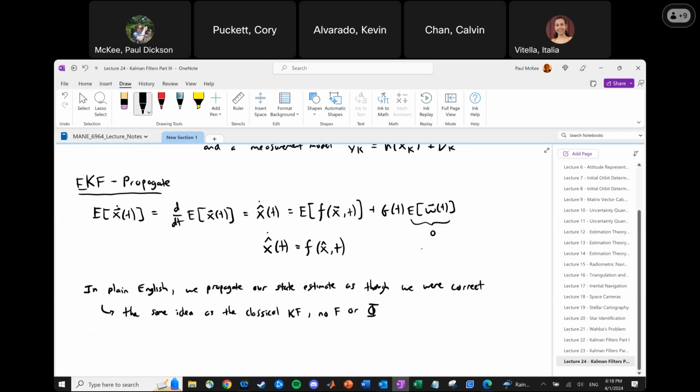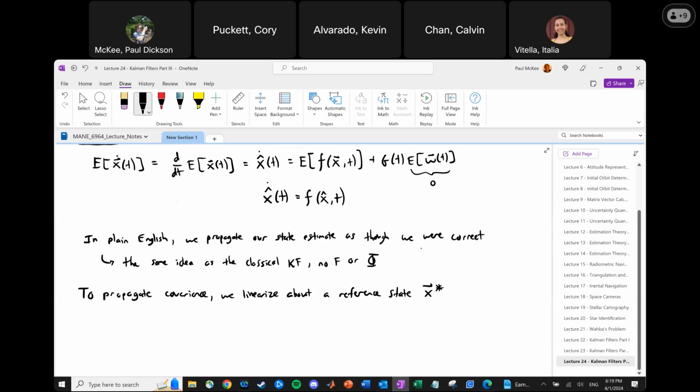All right. To propagate covariance, we linearize about a reference state, which we're going to call X star. This is the reference state.